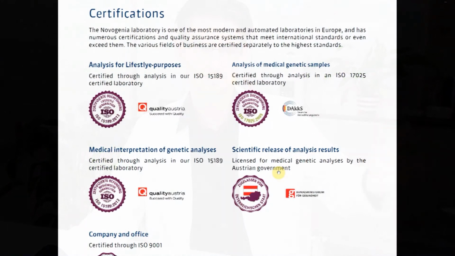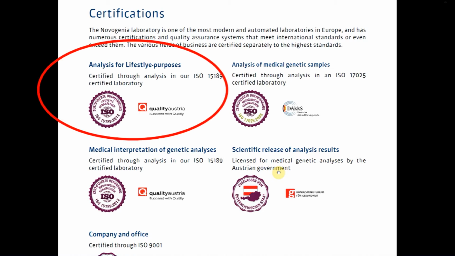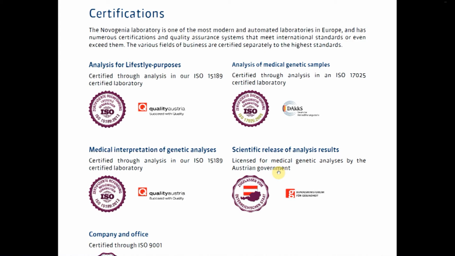Then in addition, this was compulsory to have a laboratory in Austria. It's also a quality sign compared to other countries where you could do it without any kind of certification. So this is one of the steps. Then the optional ISO 15189 certification is the highest level of quality certification you can have for a medical laboratory.